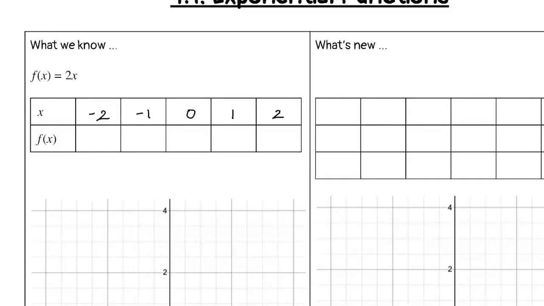So when we want to figure out the values that go with this, all we're going to do is take that x value, plug it into the equation, find the y value, right? So when I plug in -2, what do I get for f of -2?